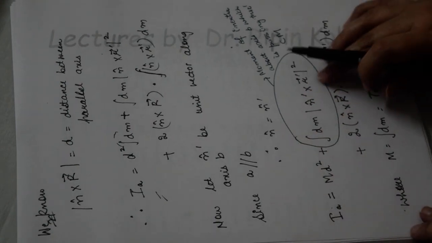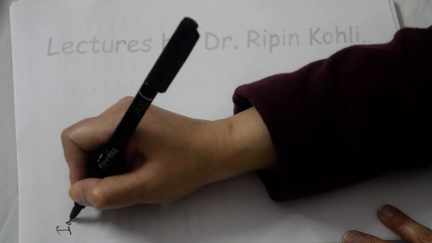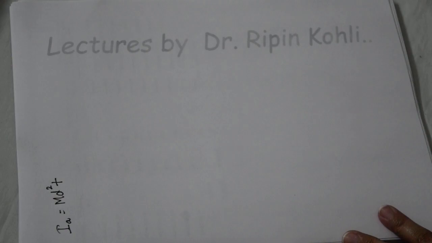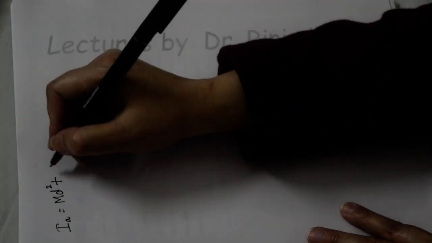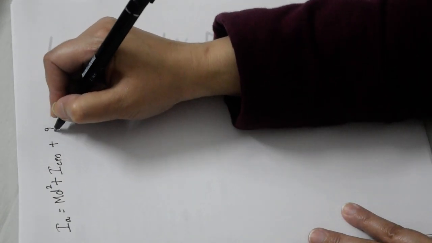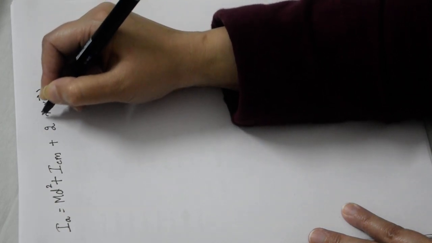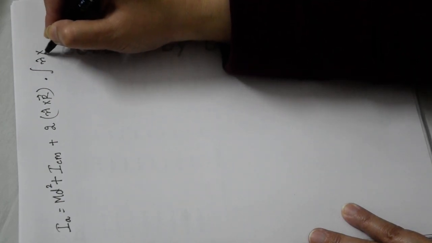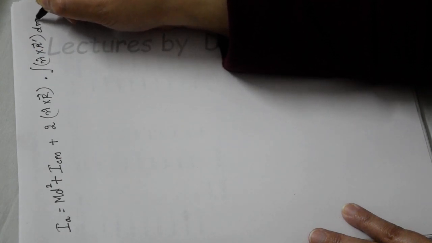Therefore, this equation I can write as IA is equal to m d square. As I discussed, the second term represents the moment of inertia about center of mass, ICM, plus 2 n cap cross r dot n cap cross r dash dm.